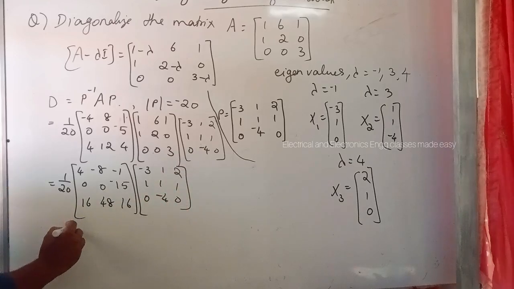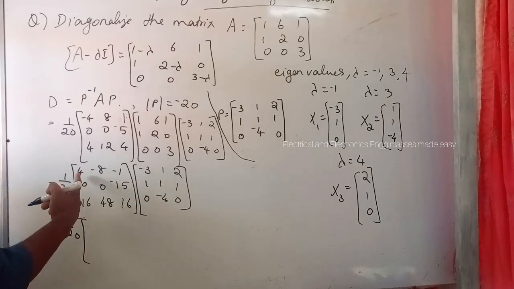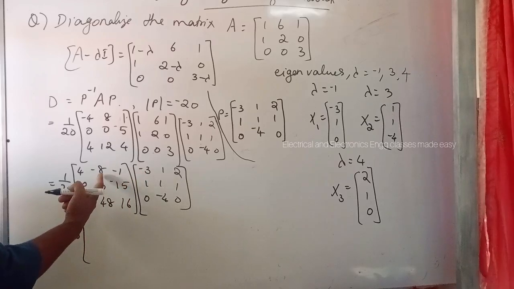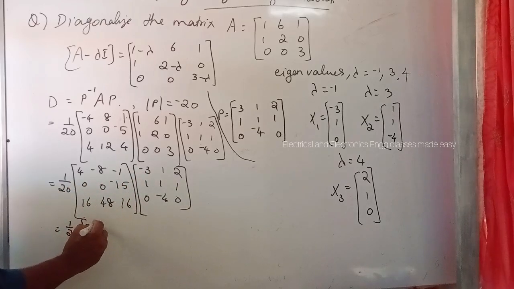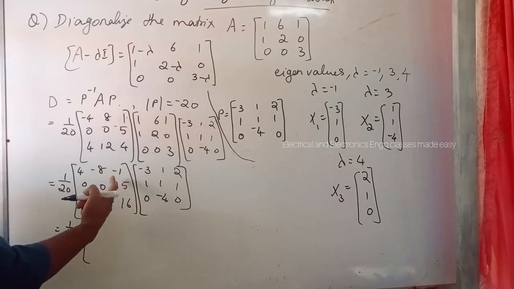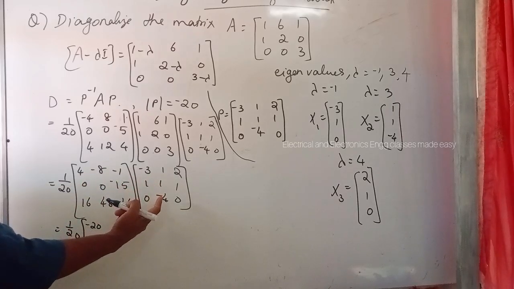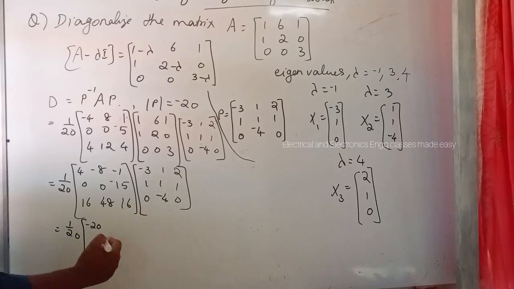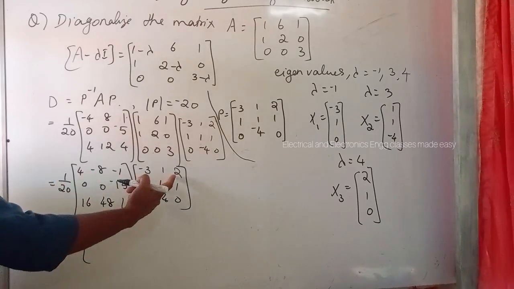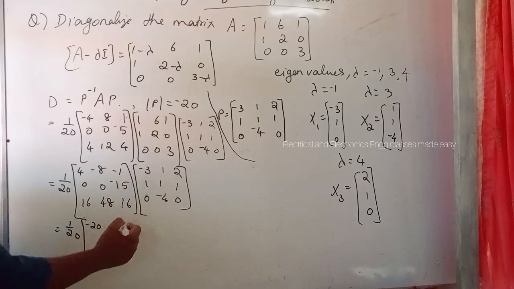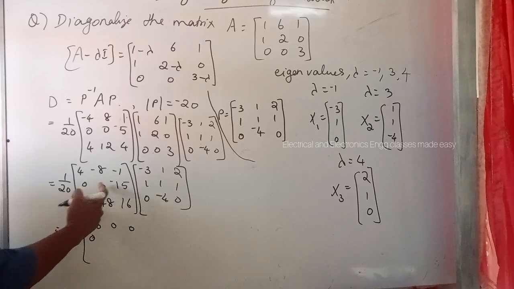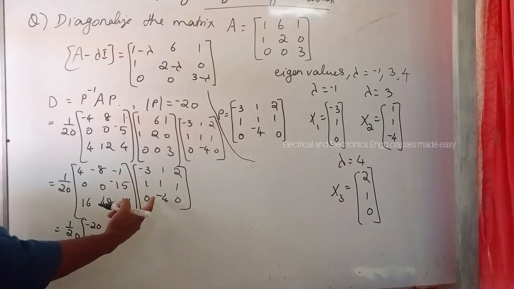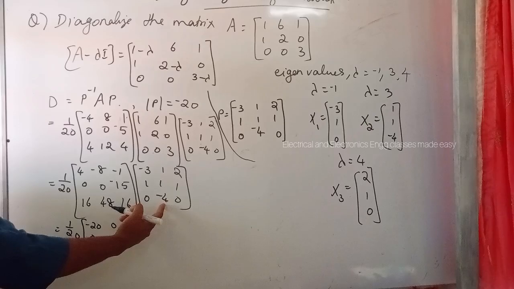That is equal to 1 by 20 into minus 3, minus 12, minus 8, that is minus 20. Then minus 8, that is minus 4 plus 4, 0. Then 8, 0, 0, 0, 0, 0, 0, 54, 60.